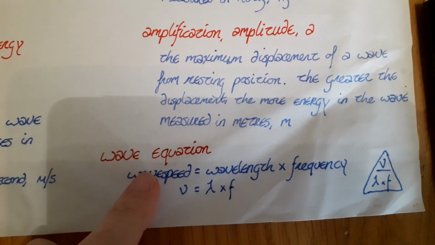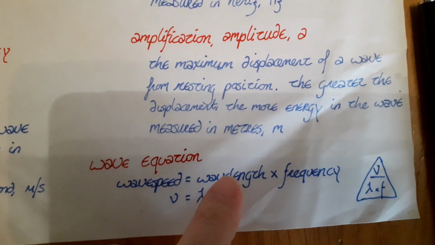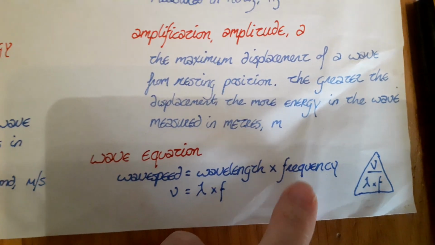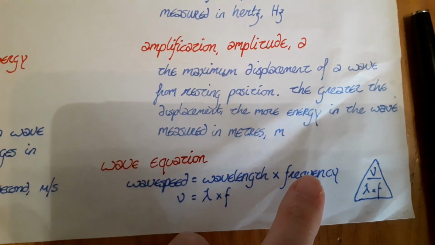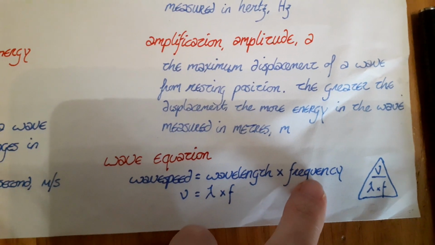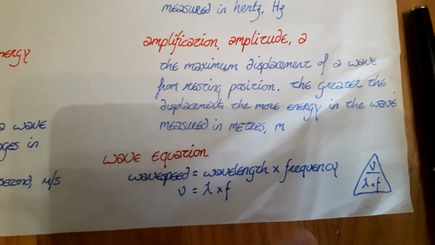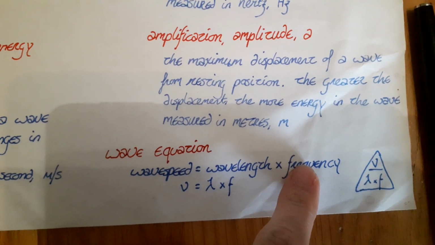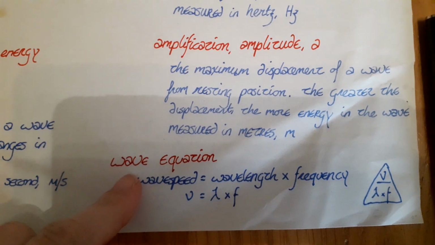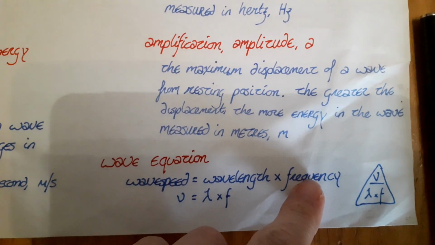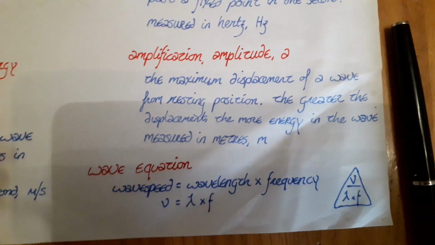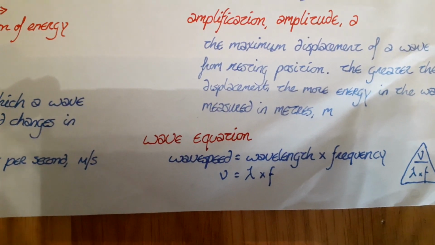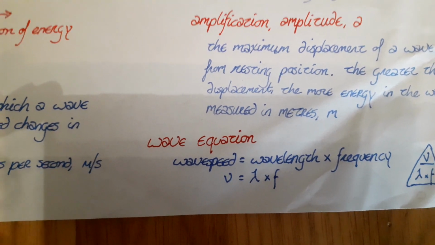So wave speed is meters per second, wavelength is in meters, frequency is in hertz, but if you remember, hertz is waves per second. So that's per second, we've got meters per second. Okay, so wave speed is meters per second, because frequency is waves per second. So wave speed is wavelength multiplied by frequency.